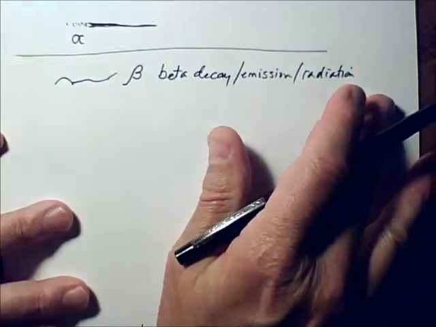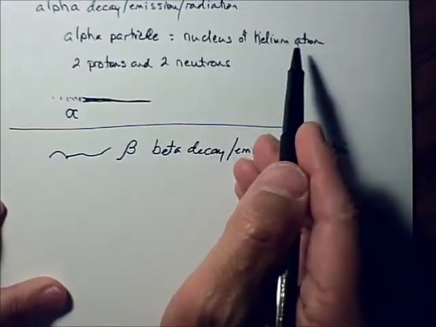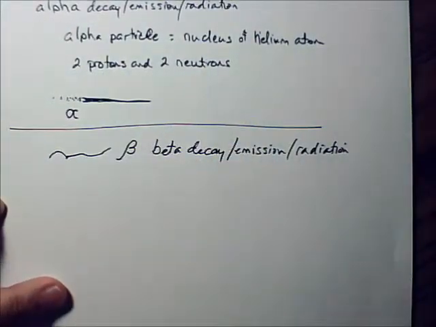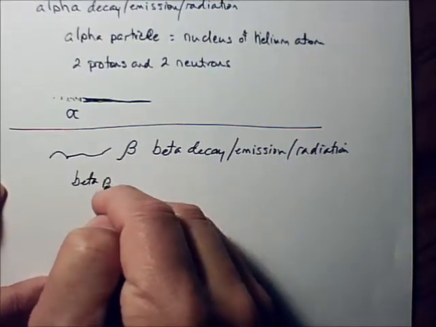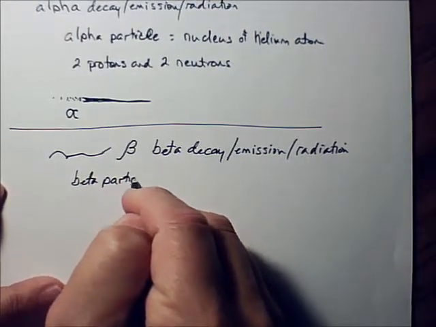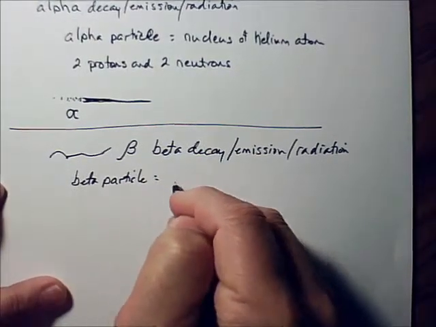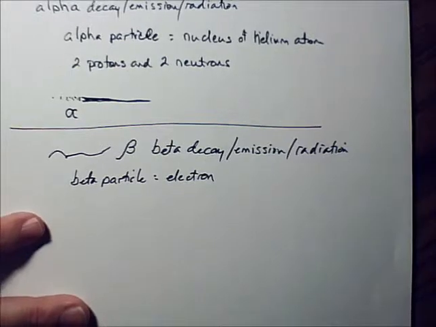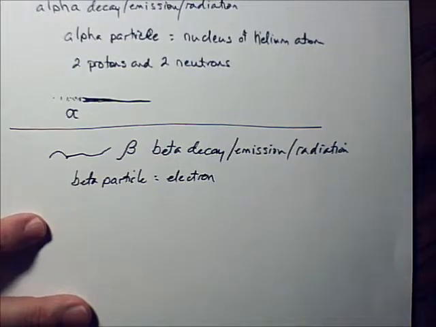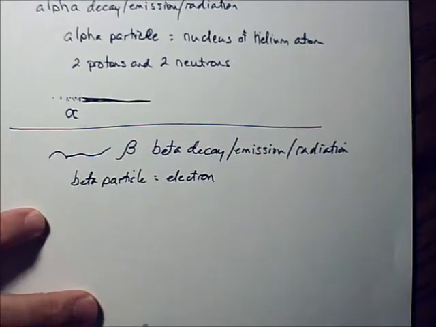So we said an alpha particle was like the nucleus of a helium atom. It's made of two protons and two neutrons. A beta particle is an electron. But where do you find electrons? Not in the nucleus. In the electron cloud around the nucleus, okay?